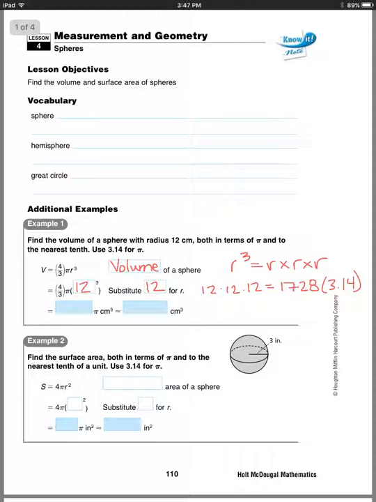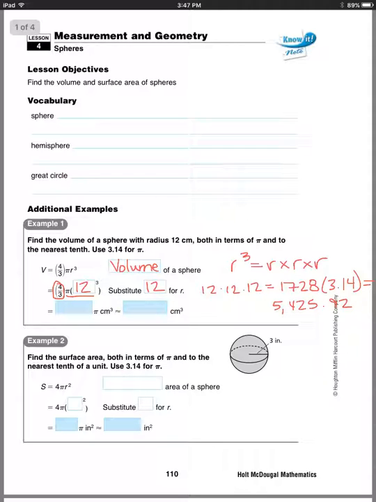Okay? And we get 5,425.92. So that is this part here. Now we need to multiply that by 4/3. In order to multiply that by 4/3, you multiply by 4 and divide by 3.